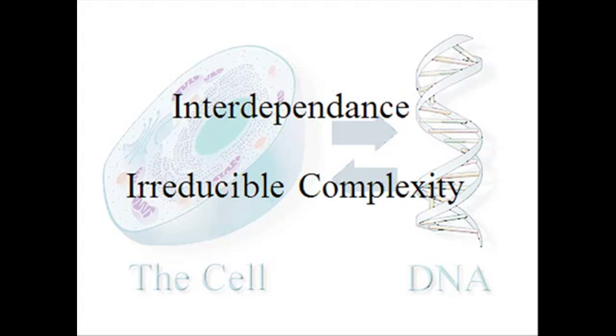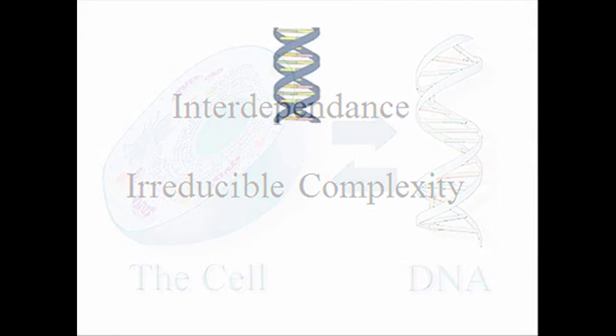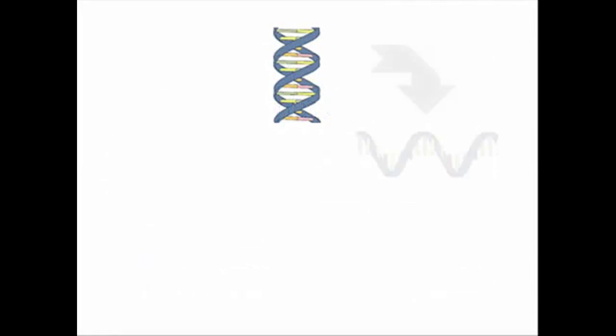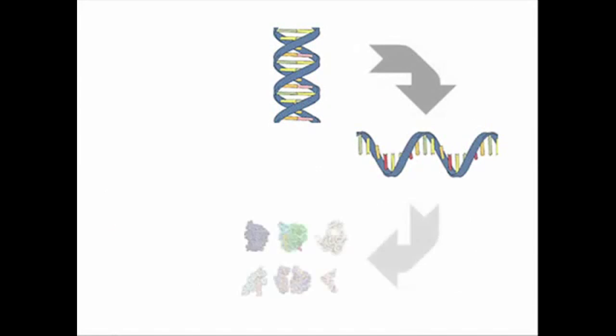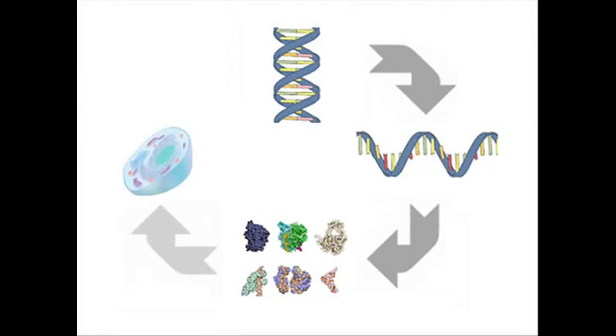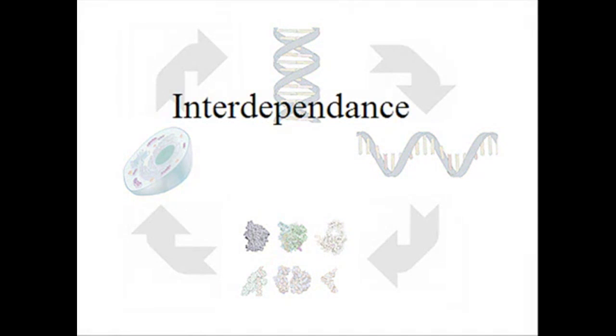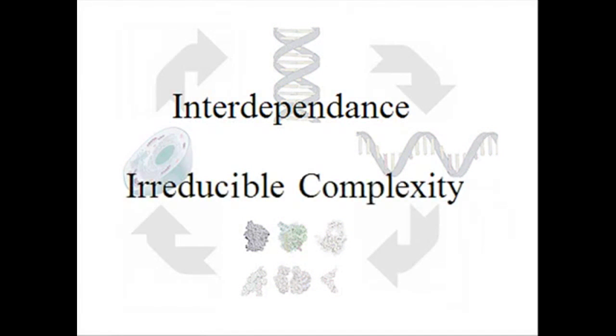All components of a cell are irreducible in complexity and cannot be broken, else the system will not function. The DNA is interdependent with RNA, which is interdependent with the molecular machines, which is interdependent with the cell, which is interdependent with DNA, and all of them are interdependent with each other. This is interdependence and irreducible complexity which cannot be broken.